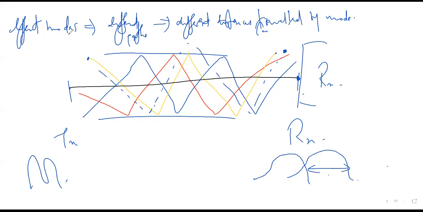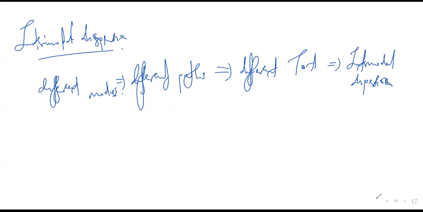That is what intermodal dispersion is. Intermodal dispersion is pulse broadening, which is caused by different modes taking different paths in an optical fiber, meaning they will travel different distances, meaning they will have different times of arrival at the receiving end. Different TOAs means we have intermodal dispersion.